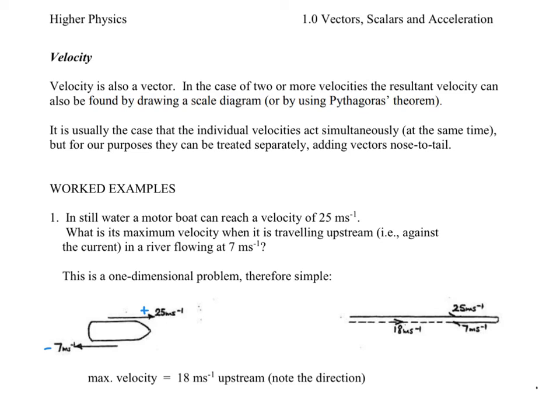And then in that sense, you're always combining the vectors by adding them. So you would do 25 plus minus 7, which is the same as subtracting 7. So we'd have 25 plus minus 7, which gives us 18 meters per second, but the direction is to the right or upstream. Okay, it's just a slightly different way of looking at it.